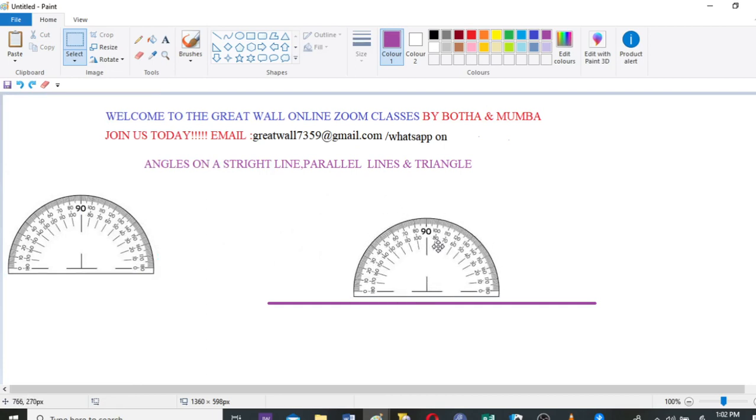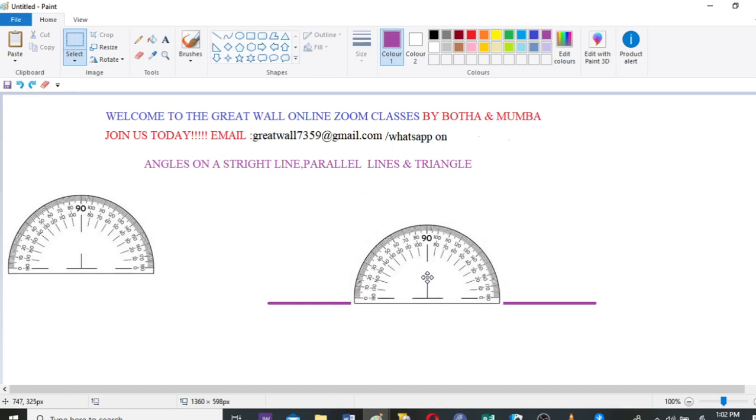If we assume these two lines are meeting somewhere here, at the intersecting point, and from here up to here is one line, and this one up to there is one line, according to the definition of an angle, which is simply the space at which two straight lines are meeting, formed at the intersecting point.